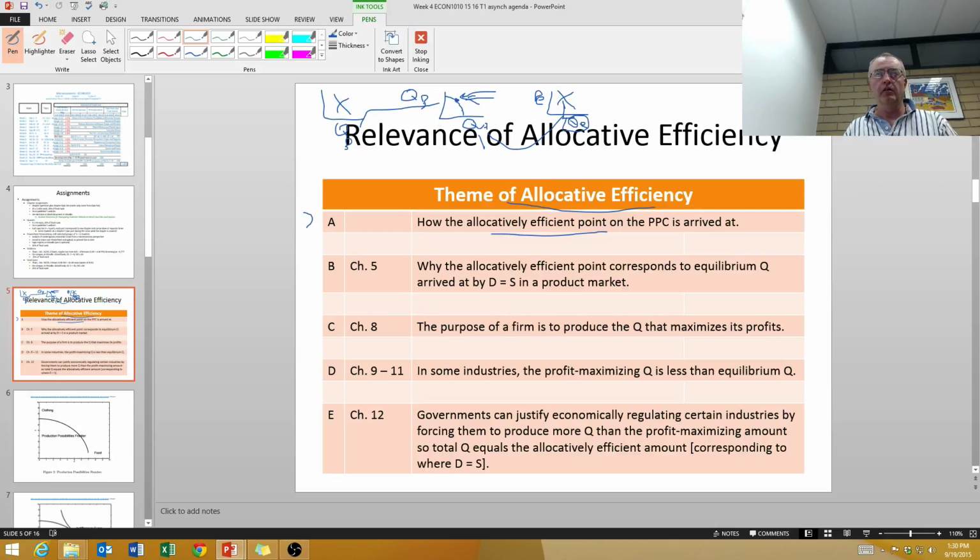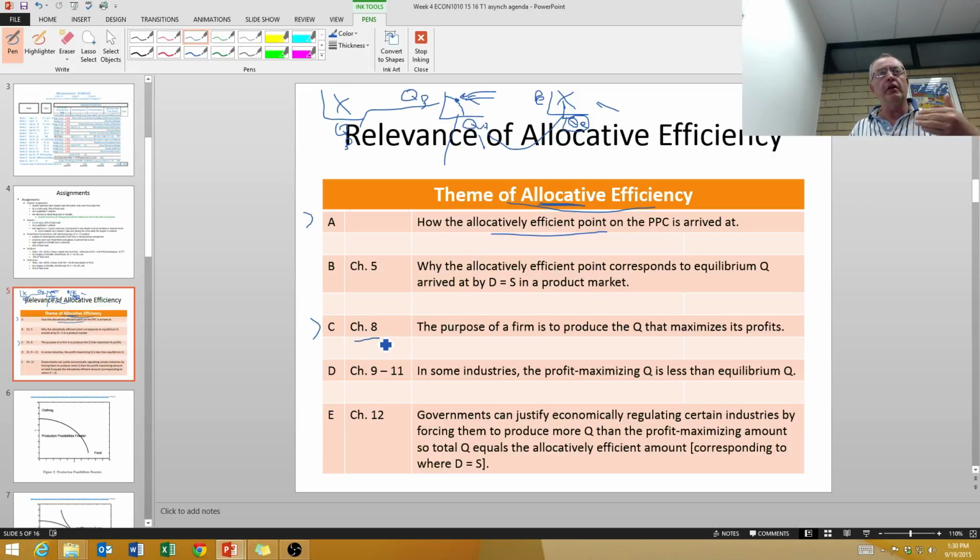We have two points on the production possibilities curve. Okay, so I'm going to explain to you how the supply and demand diagrams relate to this production possibilities curve. And then I'm giving you a bit of a heads up of what we're going to see in some subsequent chapters that also make use of this concept of allocative efficiency.